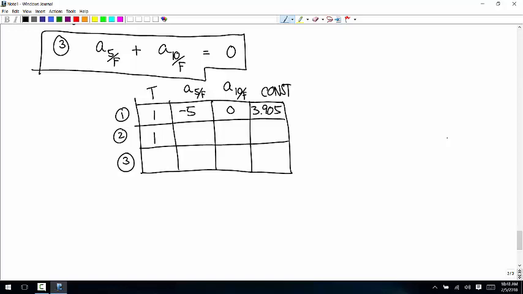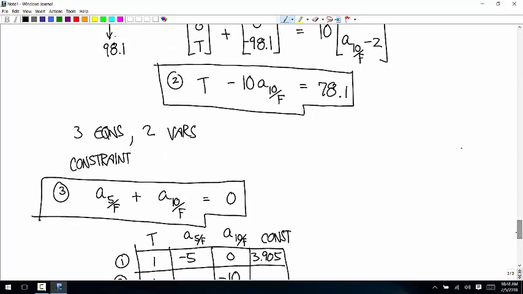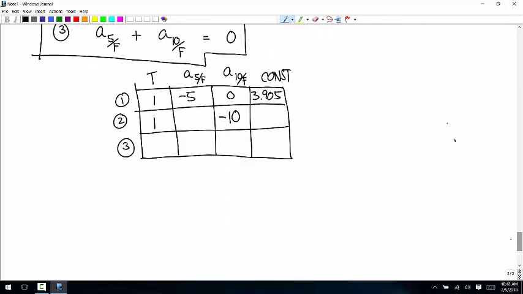Equation 2 says 1T minus 10 A10 relative to the floor is equal to 78.1. And then the constraint says 1 A5 relative to F plus 1 A10 relative to F is equal to 0.